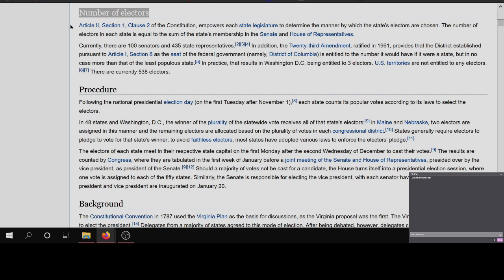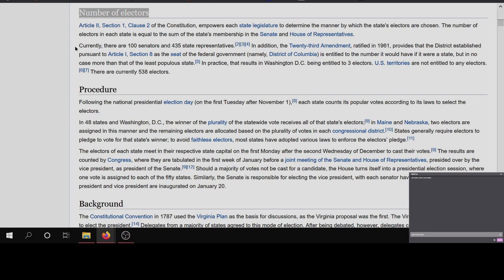Article 2, Section 1, Clause 2 of the Constitution empowers each state legislature to determine the manner by which the state's electors are chosen. The number of electors in each state is equal to the sum of the state's membership in the Senate and House of Representatives. Currently, there are 100 senators and 435 representatives.